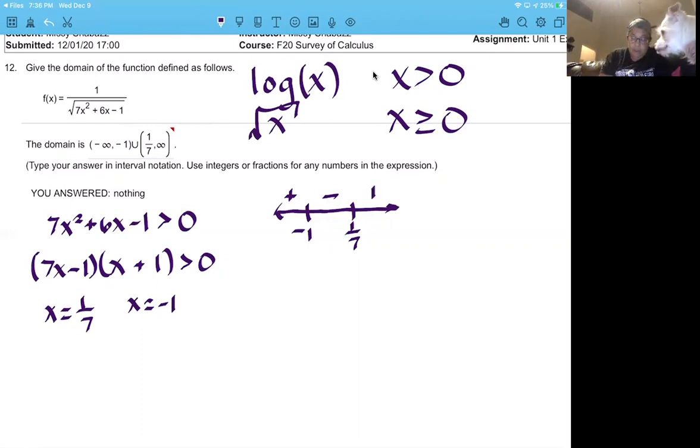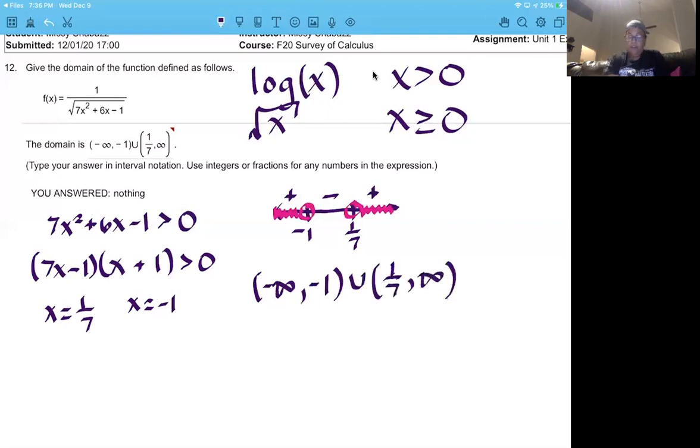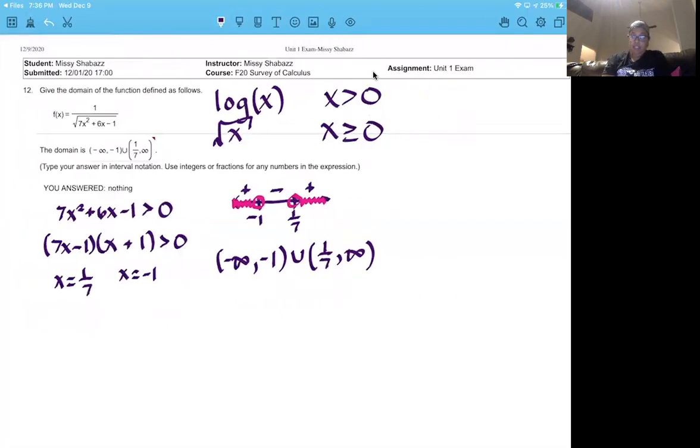So that would give me something positive. And again, I can't equal -1 or 1/7 because that would make the denominator equal to 0. And I need everything to be positive. So this is where my solutions are going to be. So the domain is going to be -infinity to -1, union 1/7 to infinity. And that's it for that one.